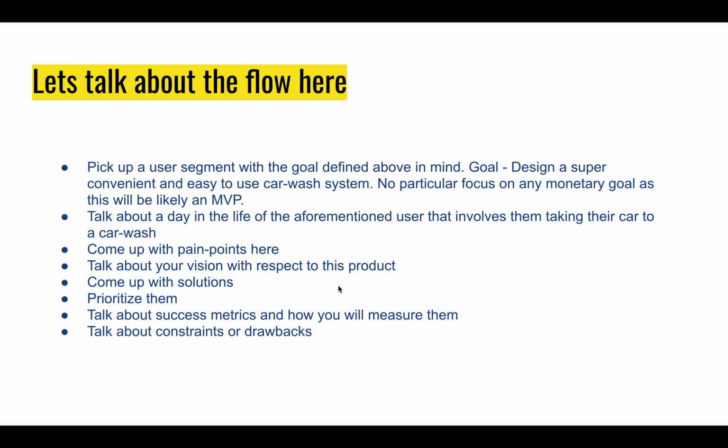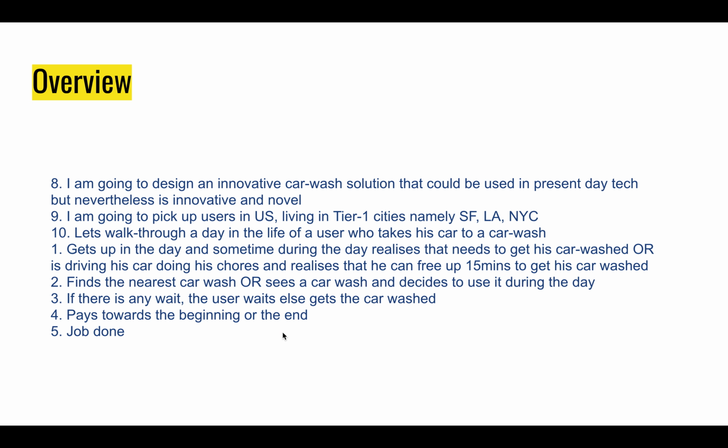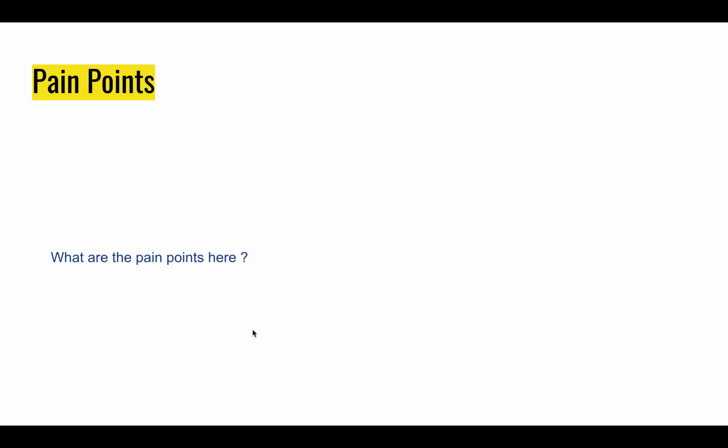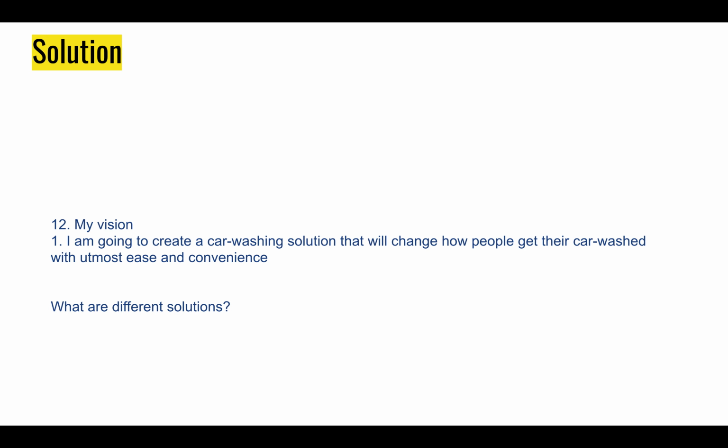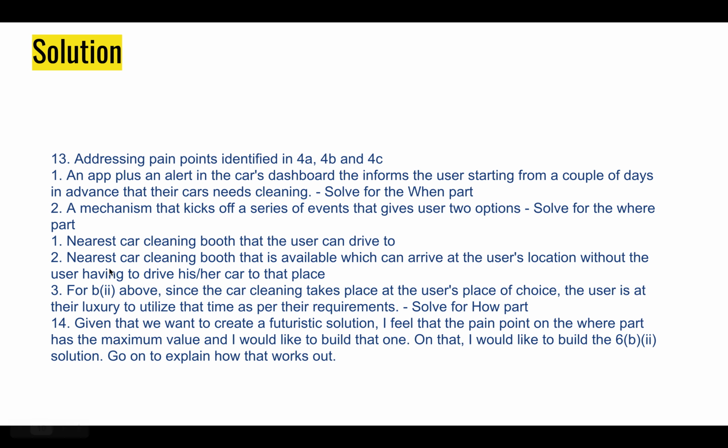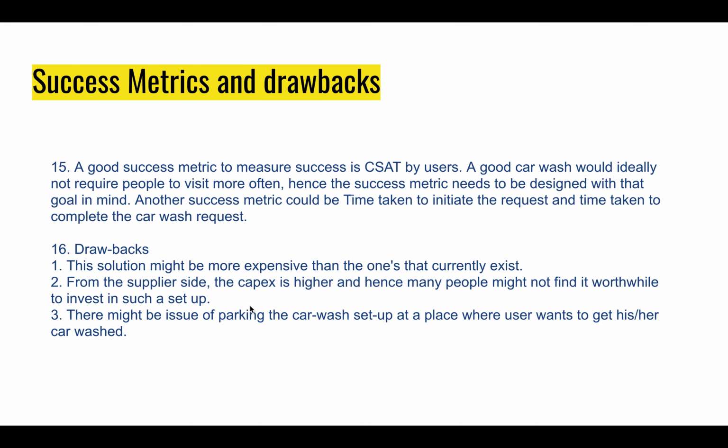We discussed a day in the life of the customer, pain points, vision, solution, prioritization, success metric and drawbacks. We talked about the typical day of a user, talked about pain points, when, where, how, and then finally came up with a vision and then the solution of a mobile car wash, and also discussed the success metric and drawbacks. Hope that was useful.